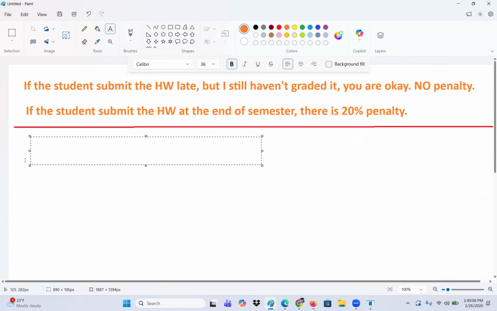So I just want to talk a little bit about attendance. It's also very important. Attendance is usually not required. However, a lot of people suffer for not having those 3%.